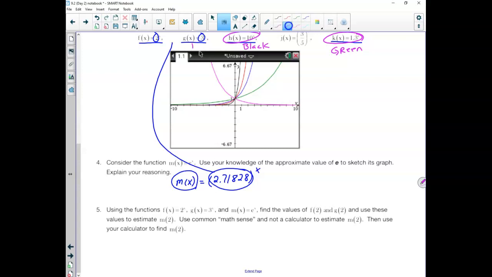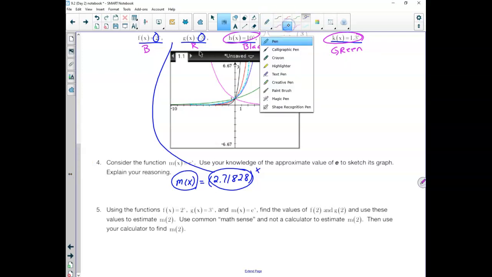And I can see this is going to be red, this is going to be blue because of the bases that are on there. So I know that my e is going to grow between those. It's not going to grow as fast as the red one, but it's going to grow faster than the blue one. It's not going to be as close as it is there. It's just my calibration is all goofy here on my smartboard.